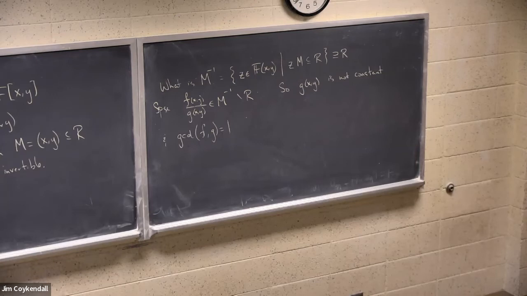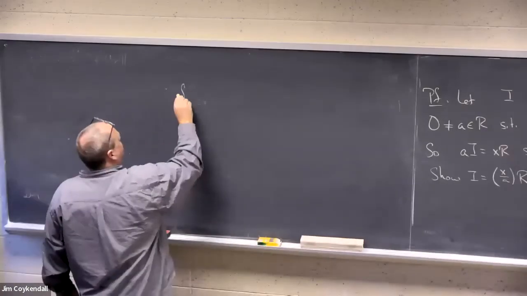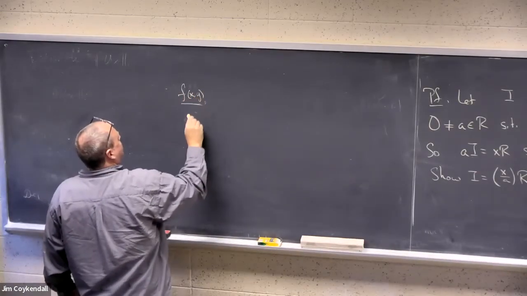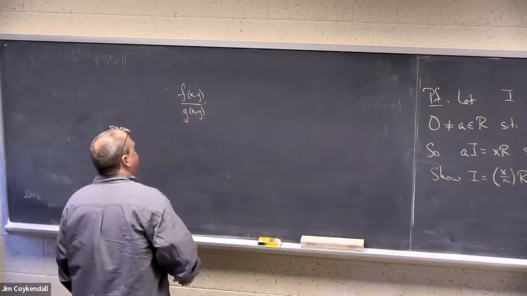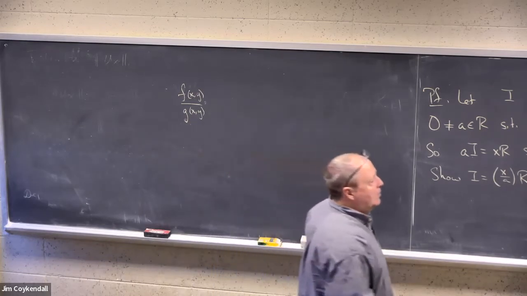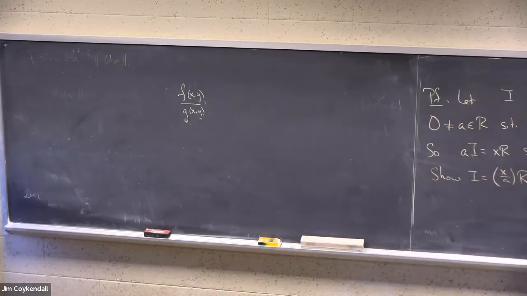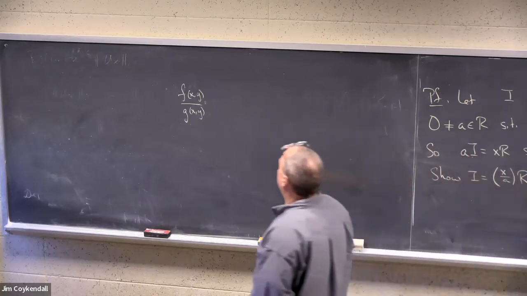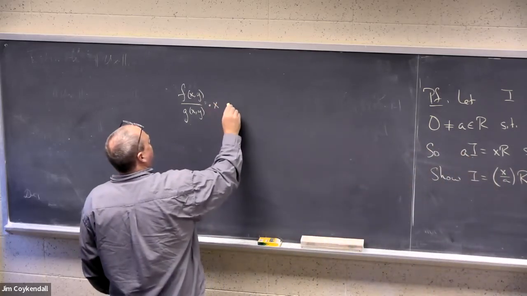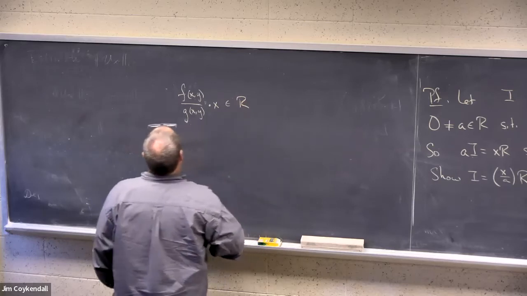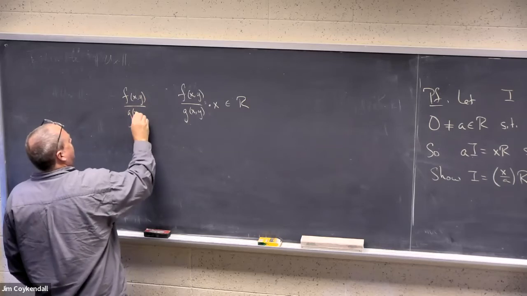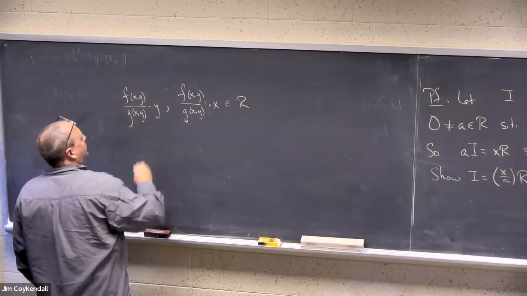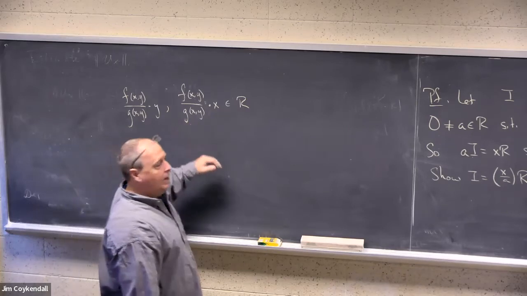Now, notice that when this multiplies anything in M, it has to be in R. So this times X and also this times Y, both of these have to be in R, right?